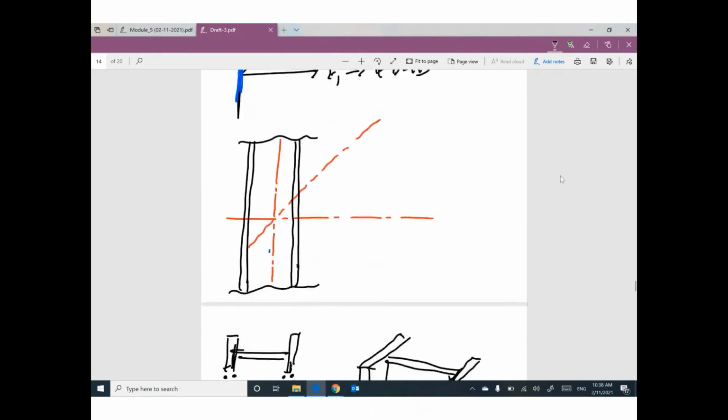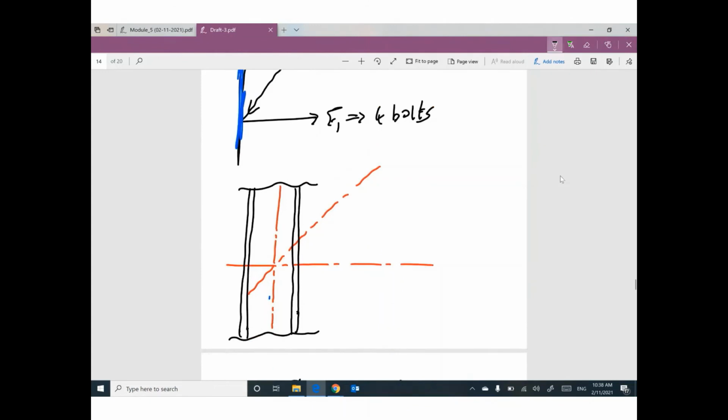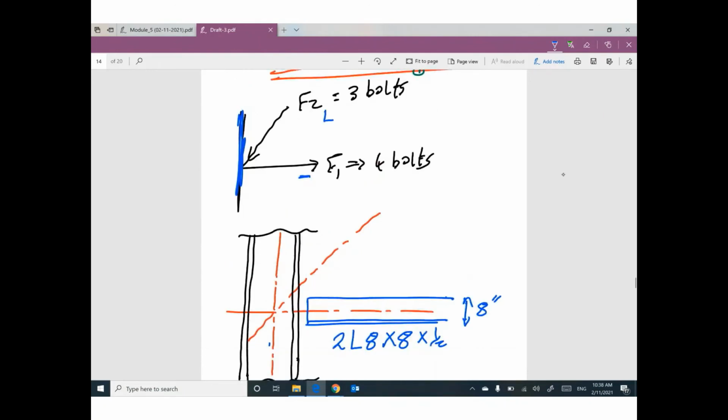Anyway, the horizontal member, I decided that the horizontal one will be double angle, two angles, 8 by 8 by 1/2. So this distance is 8 inch. The inclined member is one angle, 4 by 4 by 1/2.